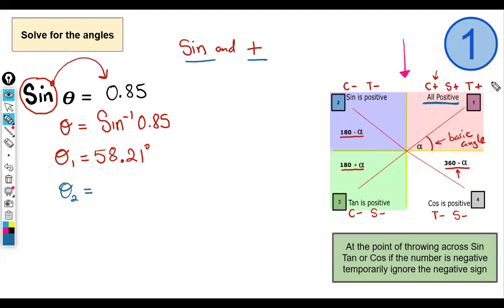That's a given. The question is, where else is sine allowed to be positive? No one should be saying, well, in quadrant 1, sine is positive, because that's obvious. That's like saying water is wet, right? So the question is again, where else is sine allowed to be positive? And the answer for that is quadrant 2. Look at it written here.